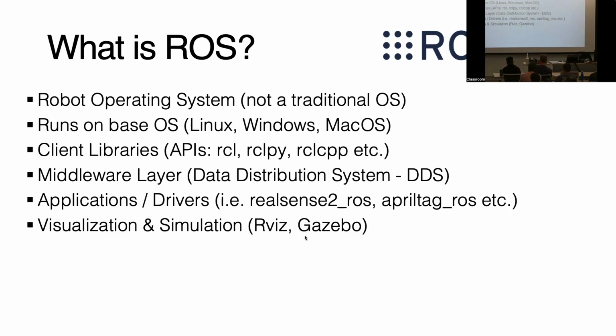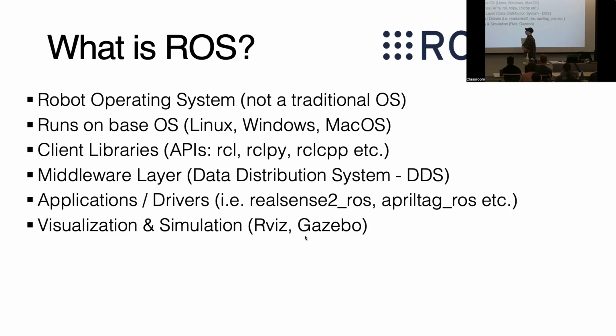ROS provides client libraries. This is the big part of ROS, in the form of RCL, which is written in C, RCLPY, which is written in Python, or RCLCPP, which is for C++ code. This is an API of functions that you can call to use ROS. ROS is also a middleware layer.